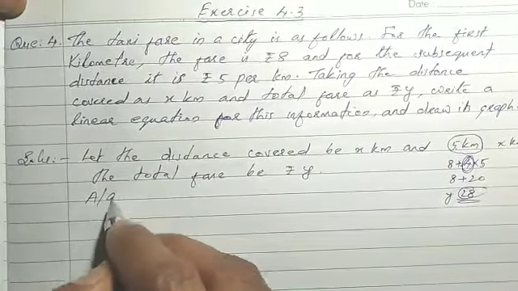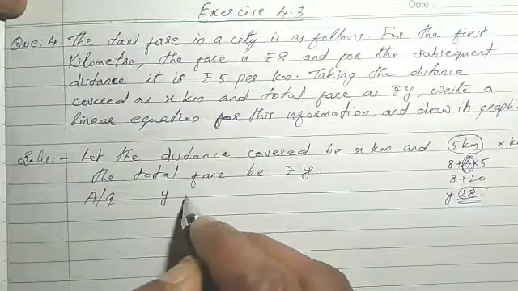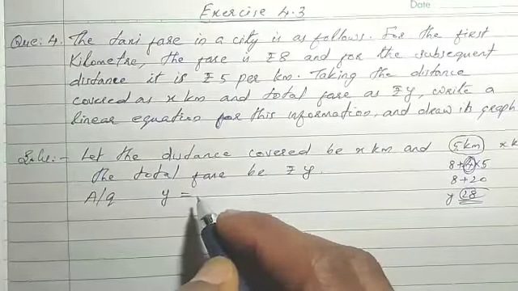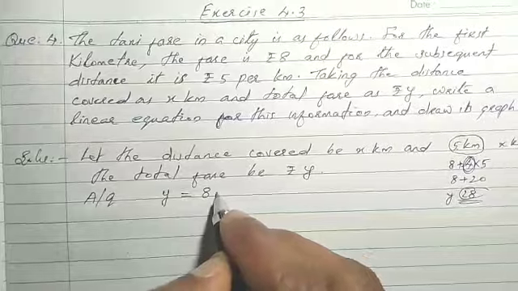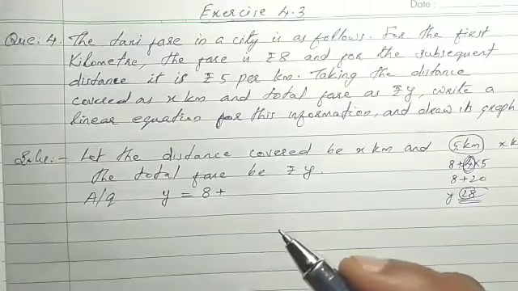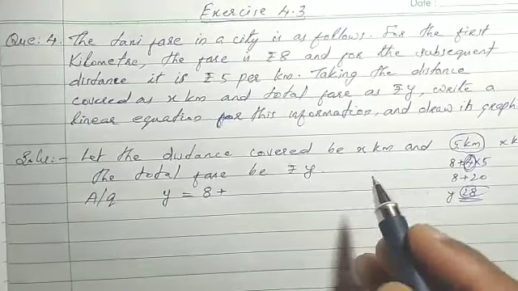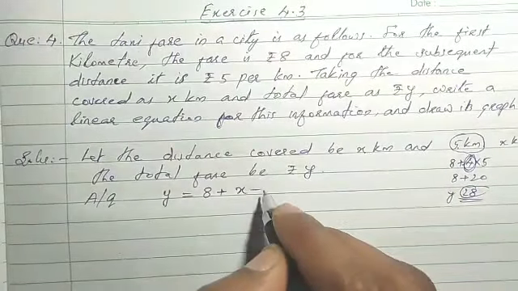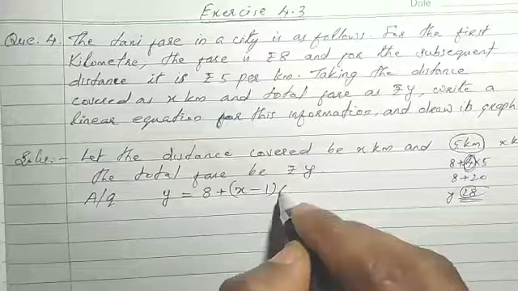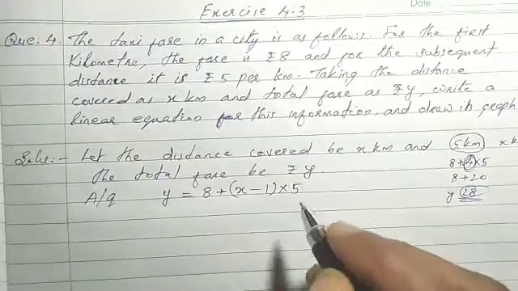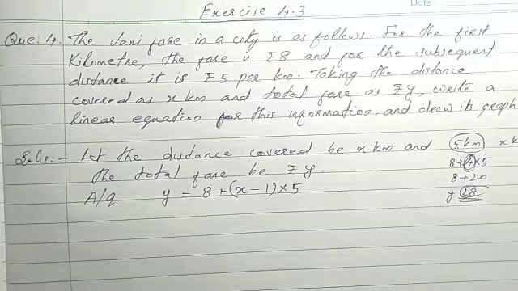Then according to the question we can write, total fare is equal to first 1 kilometer he has to pay rupees 8 plus remaining how many kilometers? Total distance covered is x, so remaining x minus 1 kilometer is there. For this x minus 1 kilometer he has to pay 5 rupees, so into 5 we can write.